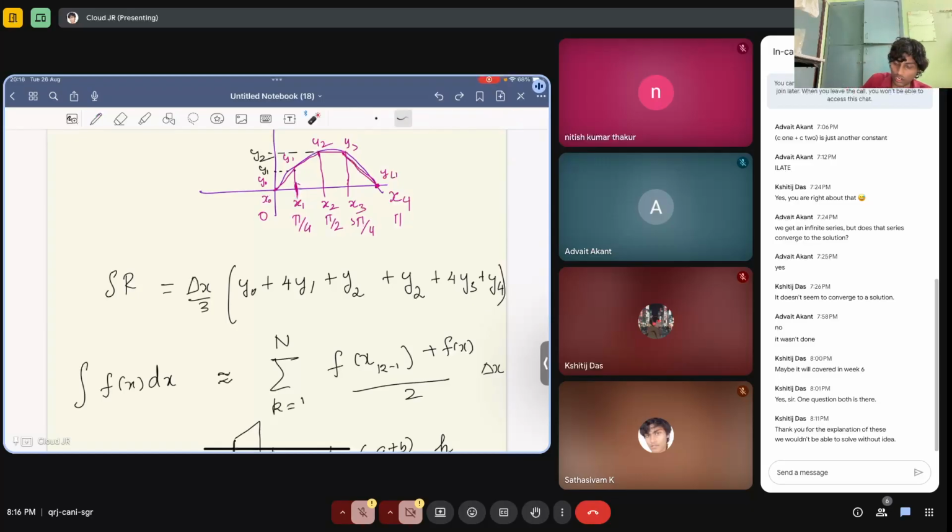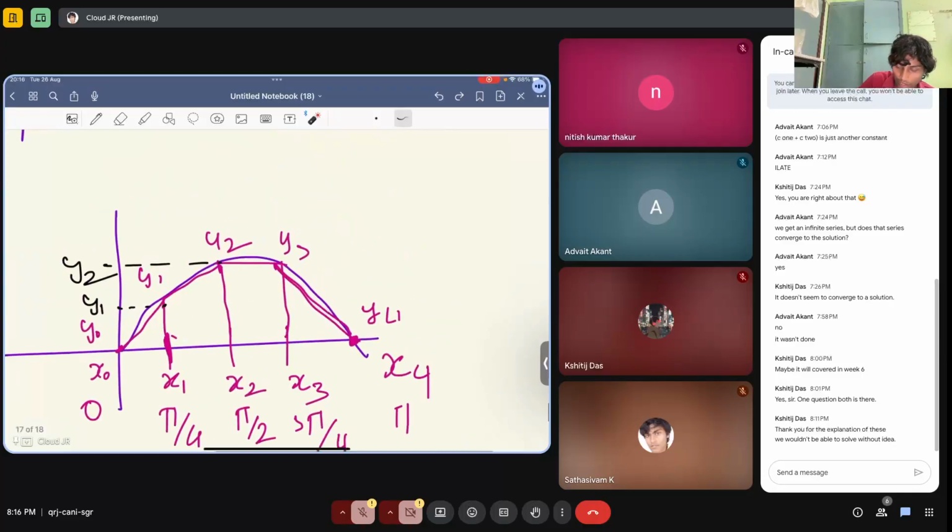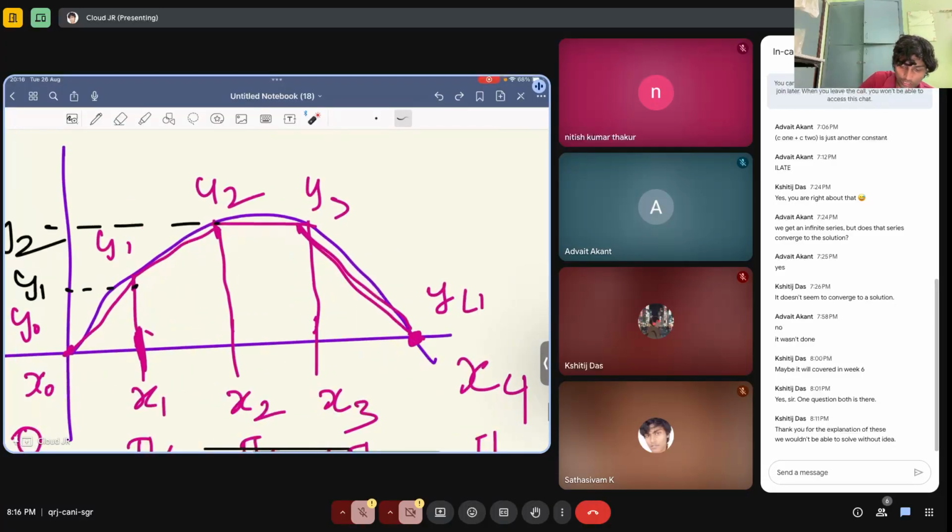Trapezium rule is not very hard, and you can clearly see here, I didn't draw it properly, but whatever the error is, it is very minimal here. The error is not that much.